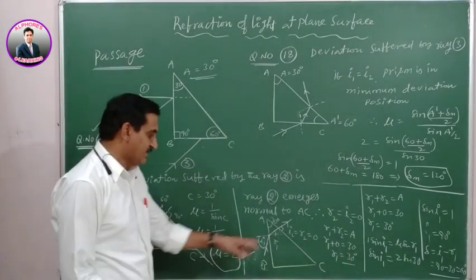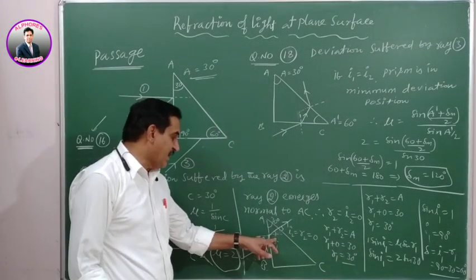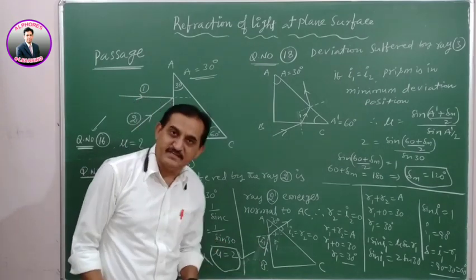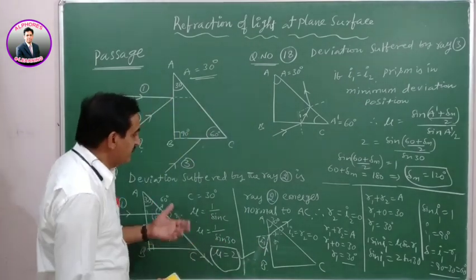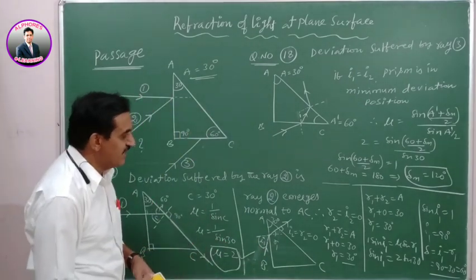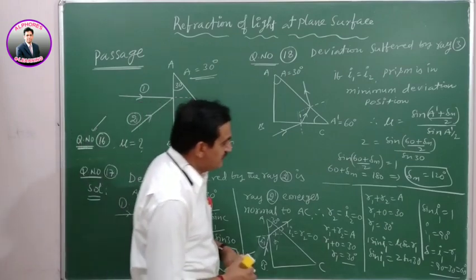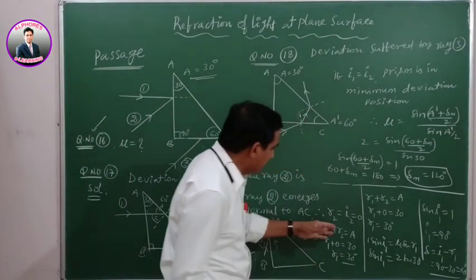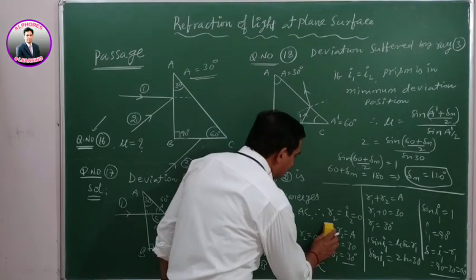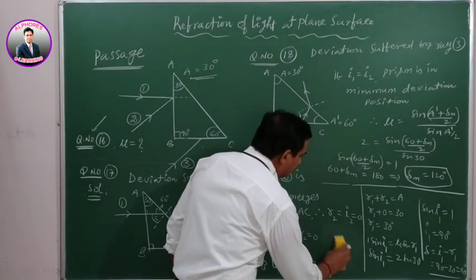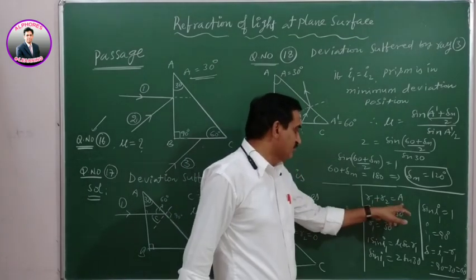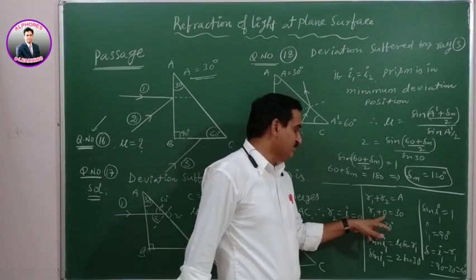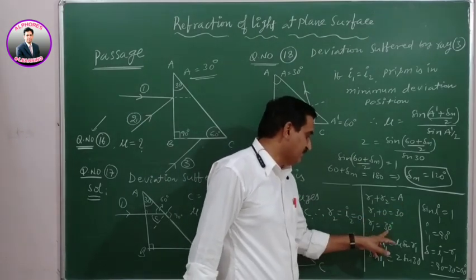So R1 is calculated. By using R1, we can also estimate I1. I1 can be estimated by using Snell's law, which we already calculated clearly, so no need to take it here. So R1 plus R2 equal to A, R1 plus 0 equal to 30, R1 is 30 degree.